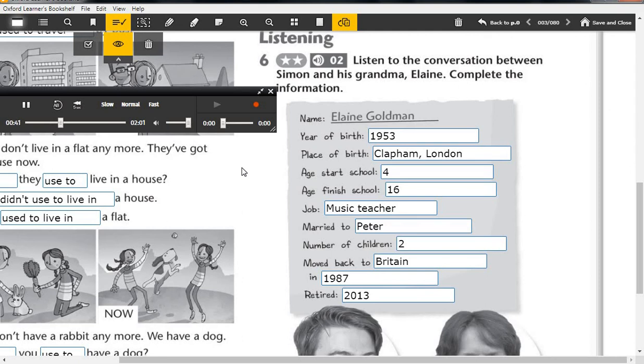And when did you leave school? Well, I left when I was 16 to go to music college. It was in the centre of London, and it was wonderful. But you didn't meet Grandpa in London, did you? No, I met your grandpa, Peter, in a cafe in Vienna. I went there for a year as a music student.